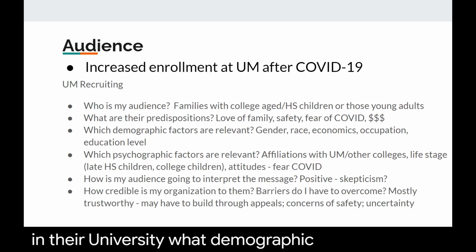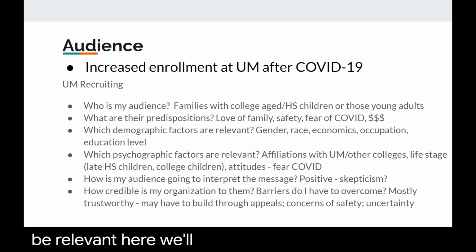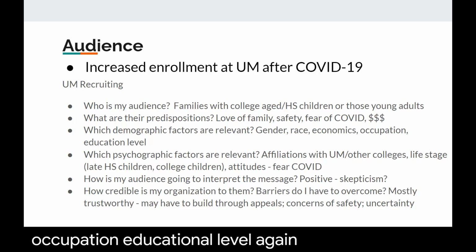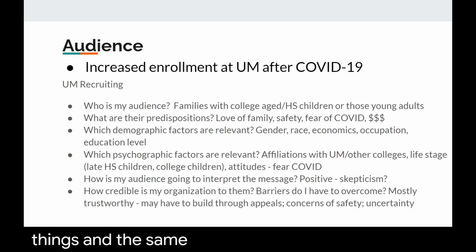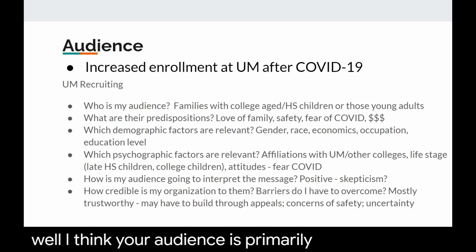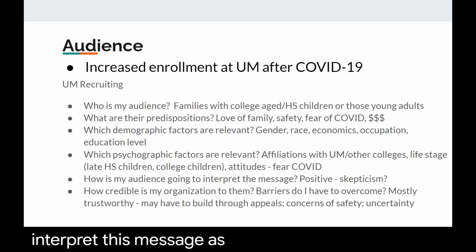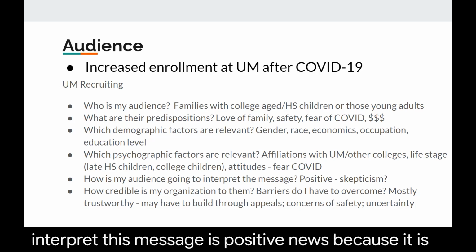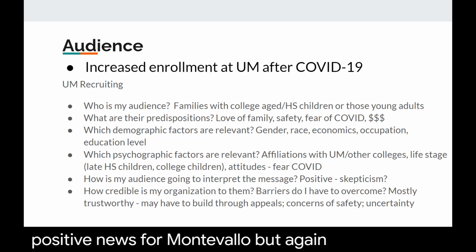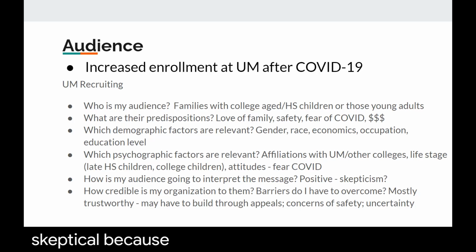What demographic factors would be relevant here? Well, gender, race, economics, occupation, educational level, again, all those same things, and the same with the psychographic factors as well. I think your audience is primarily going to interpret this message as positive news because it is positive news for Montevallo, but again, they might be skeptical because the information is coming directly from the organization.